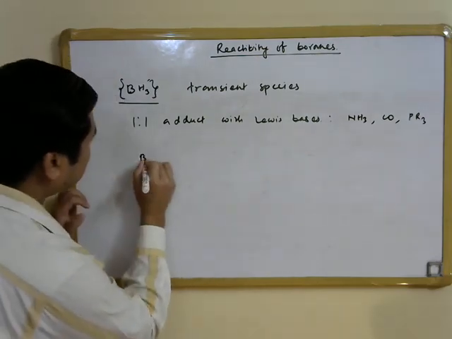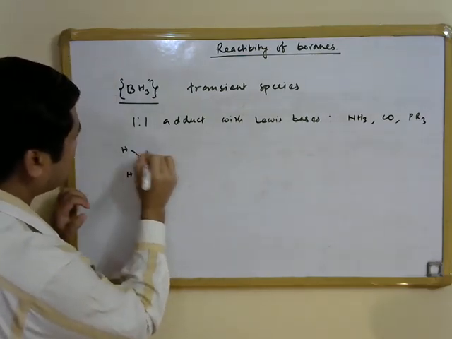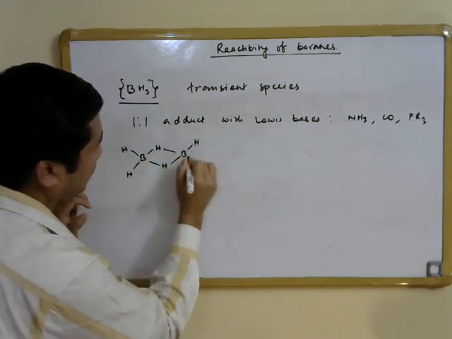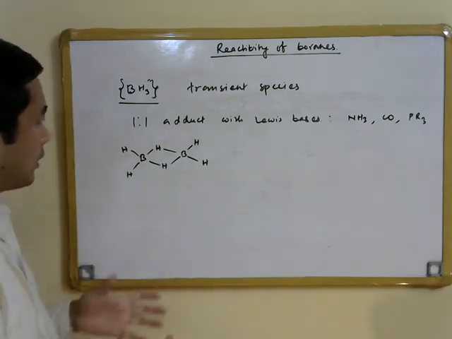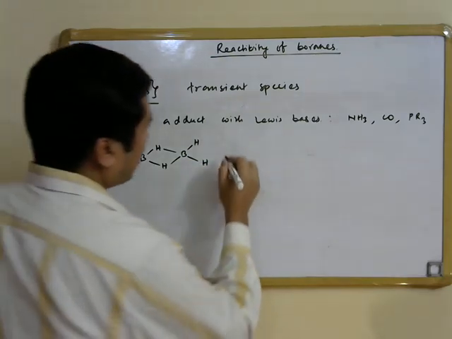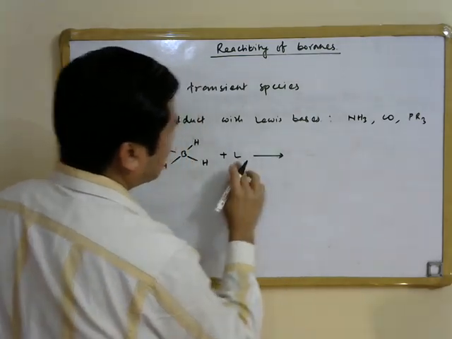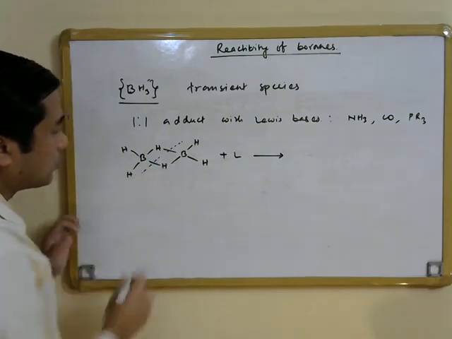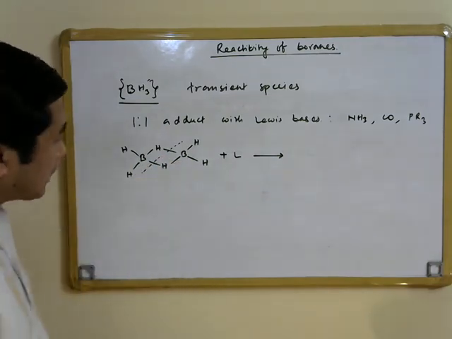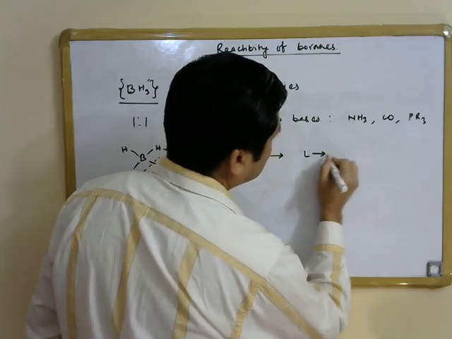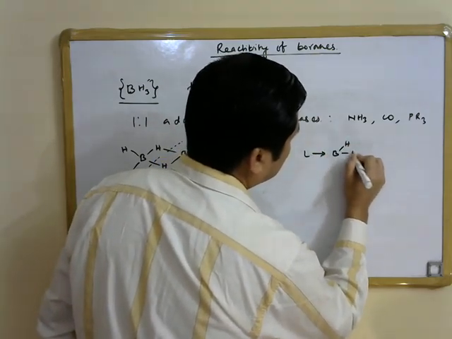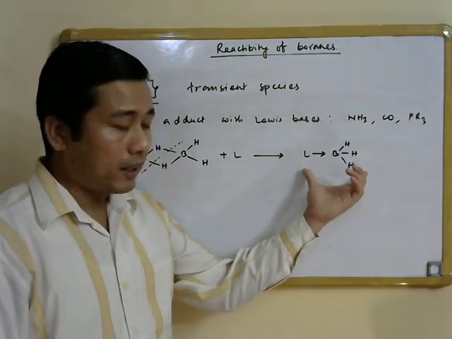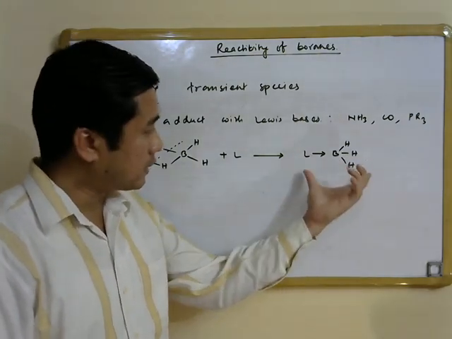That is, this is diborane, and with a Lewis base, say L, it can undergo homolytic cleavage into two BH3 units, and that will essentially give us 1:1 Lewis acid base adducts of BH3 with different Lewis bases in this way.